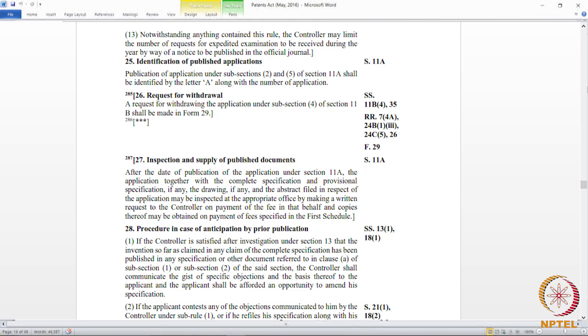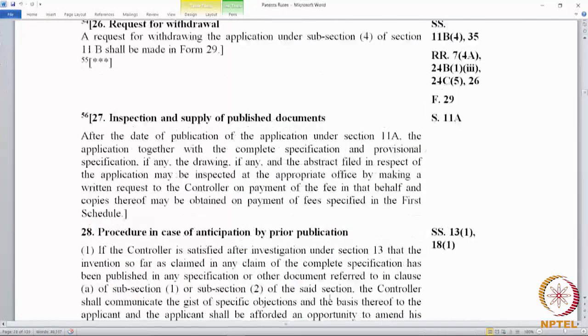Now, the effect of a publication is that upon publication the public is given notice of the application and all the information covered in the application, which means people who have an interest in knowing more about the patent can now get the information from the patent office. Now, rule 27 exactly gives the details.